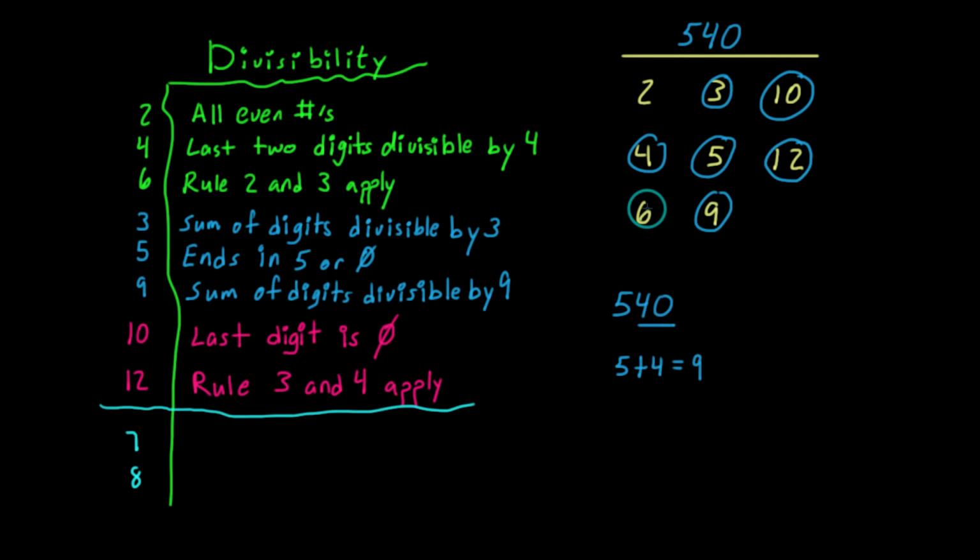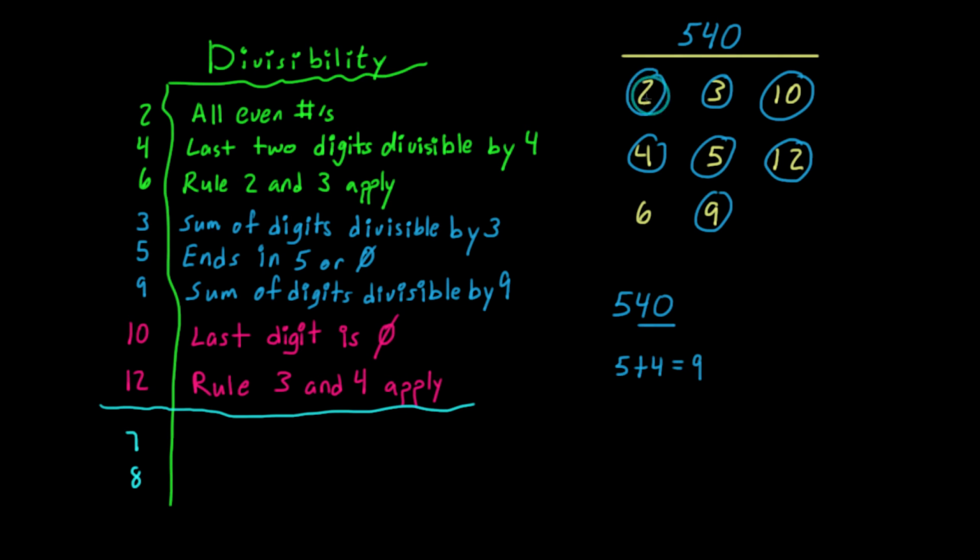The rule of 6 says that both rules 2 and 3 have to apply. Since 540 is an even number, it's divisible by 2.